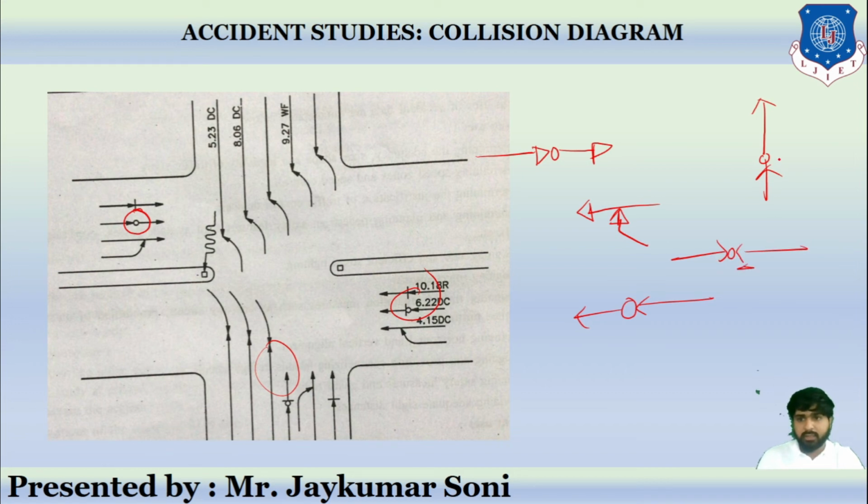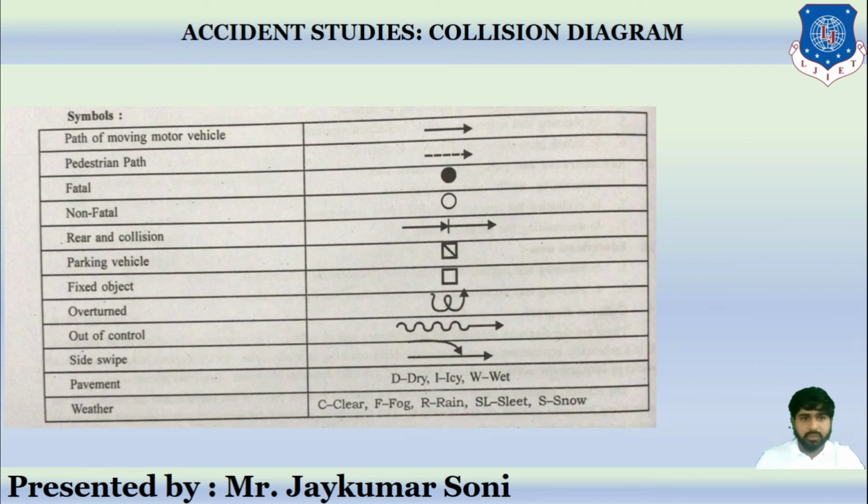See, this is the point of collision. If vehicle one is going in this direction, another vehicle is going in this direction, and if these two collide, this is called a rear end collision. Then if both the heads of the vehicles collide, this is called a head-on collision. See, the path of a moving motor vehicle will be indicated like this, a solid line.